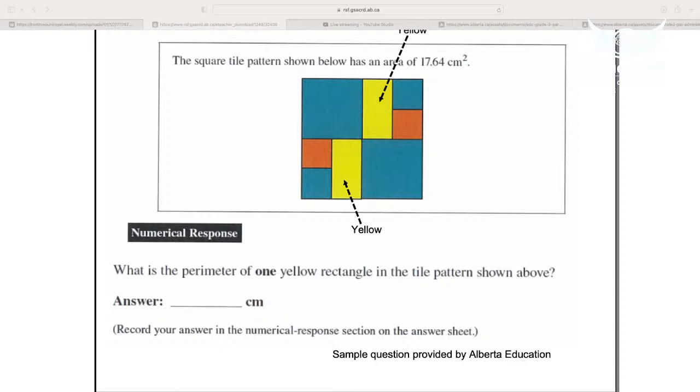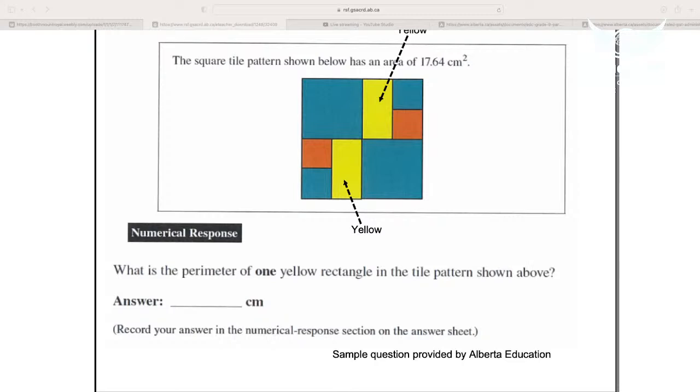And what we can see is that the width and length of this yellow rectangle is half of the side, sorry, I'm tired a little bit. The dimensions of the side of the big square is 42, so the square root of 1764 is 42, right?